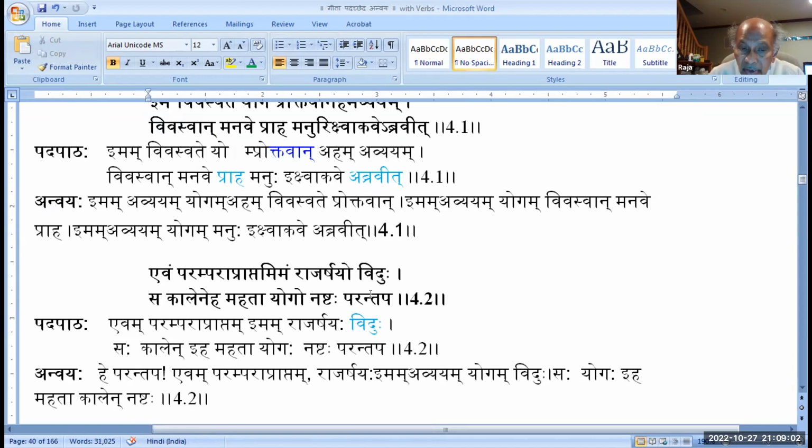Parantapaha: paran is enemies, tap is to burn, the scorcher of enemies. That knowledge, that yoga, which I told in the beginning of the creation to Surya, who told to Manu, Manu told to Ikshwaku, that was parampara. It came to Raja Rishis, but with the passage of time, that yoga is lost.